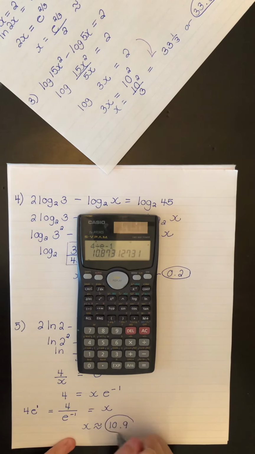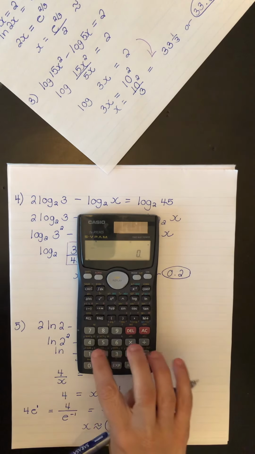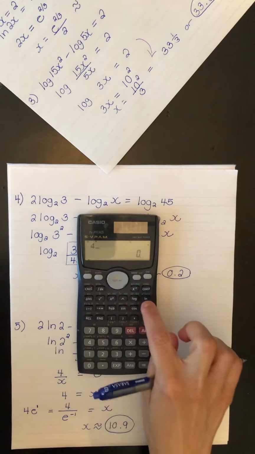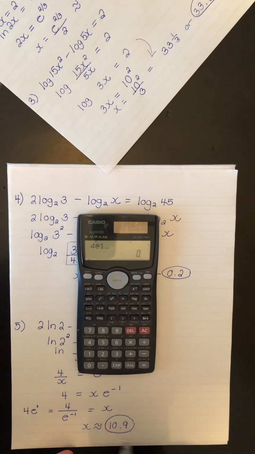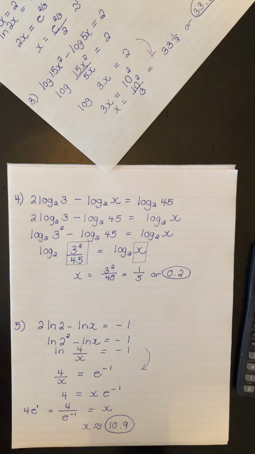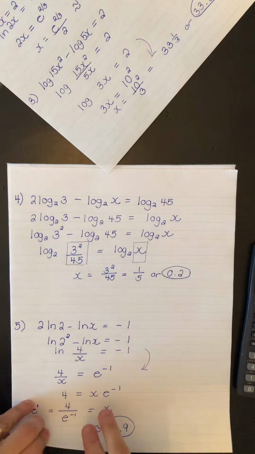And if I did 4 times e to the 1, I'd get the same thing. 4 e1. That's what it looks like. 10.9 also, okay? Okay, so that was example 5.